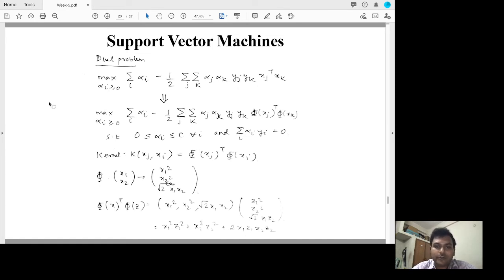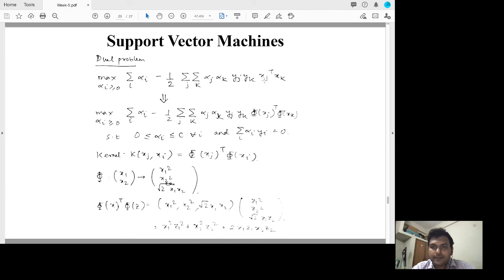So let's look at the dual formulation again, which is max over alpha i greater than 0, this big formulation which I did not derive. You see xj transpose xk. The only difference from the primal part was, in primal wi transpose xi was there, here only xj transpose xk is there. xj is not being combined with any other terms in this entire formulation.